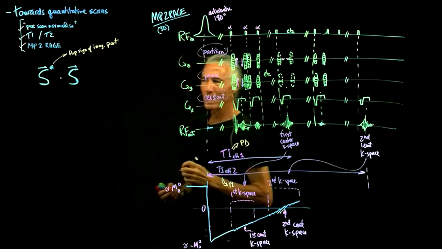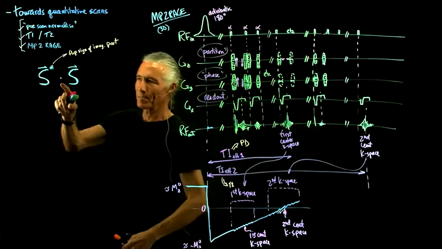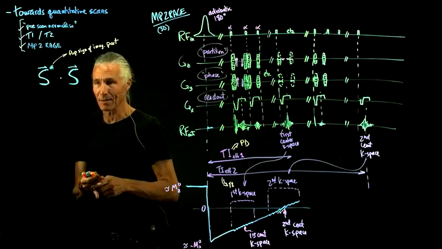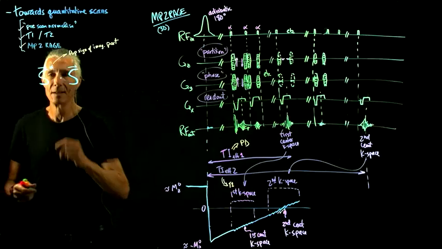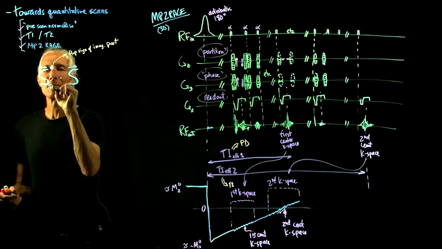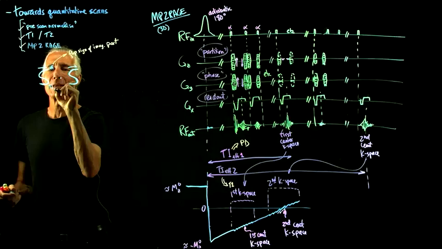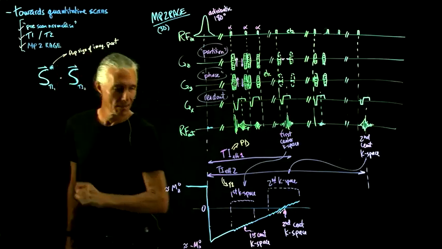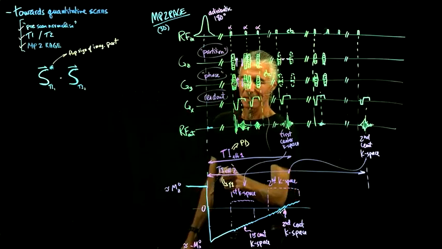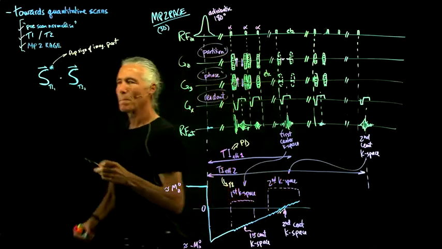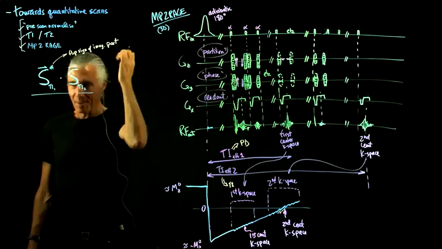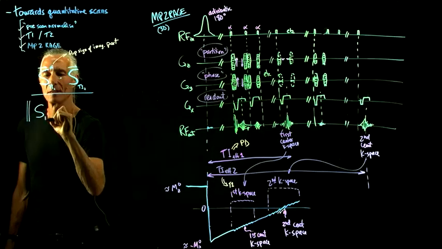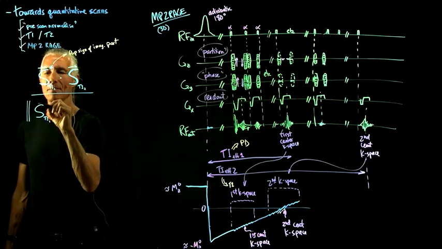So if you flip the sign of the imaginary part and then multiply, what are we multiplying? We're multiplying the signal from TI effective 1 times the signal from TI effective 2. And then divide that by the amplitude of TI1 squared, plus the amplitude of the other one, TI2, squared.